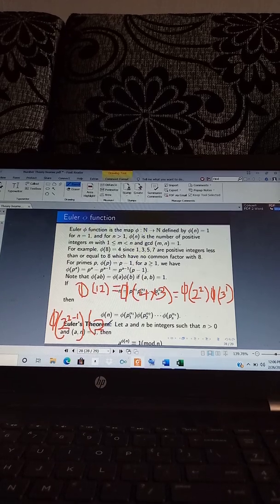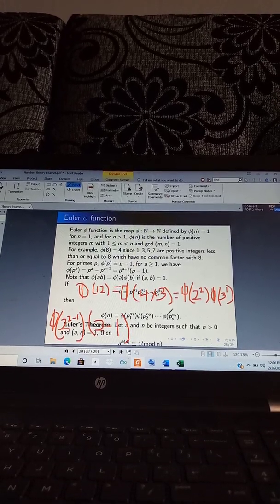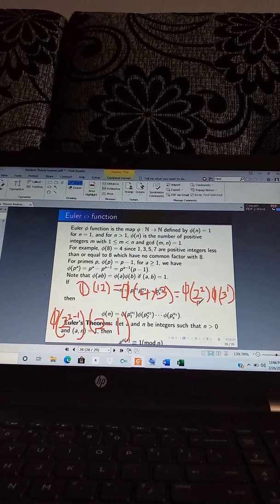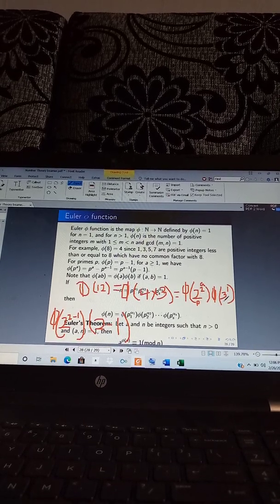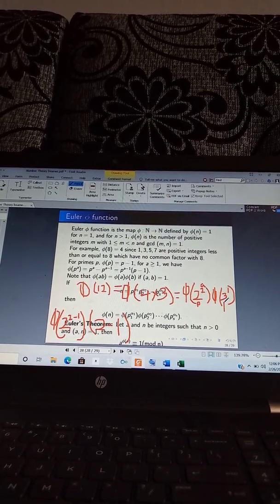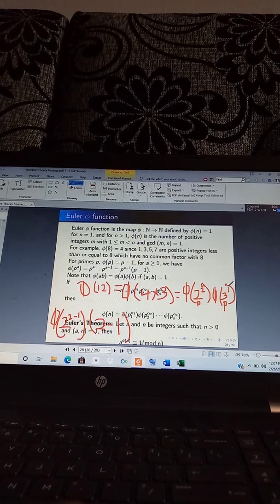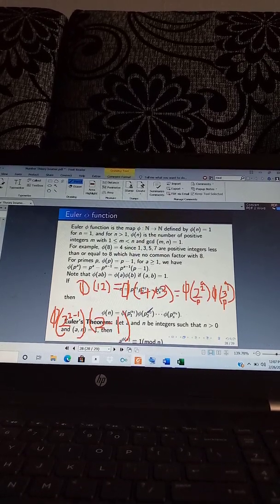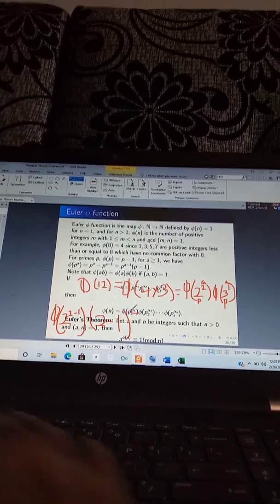Don't forget that here this one will be p, and this one will be a. So let's close the bracket.